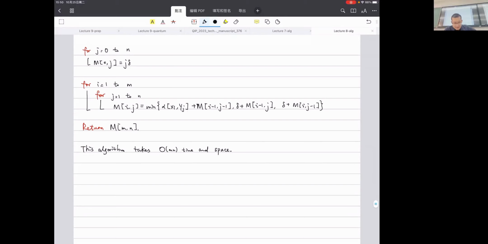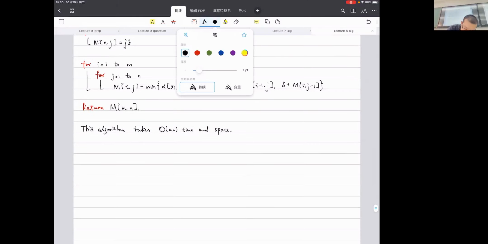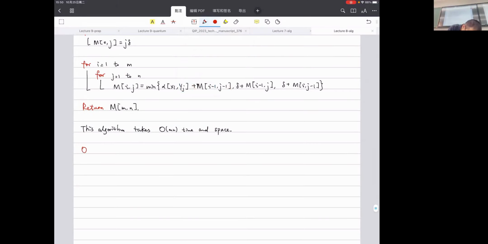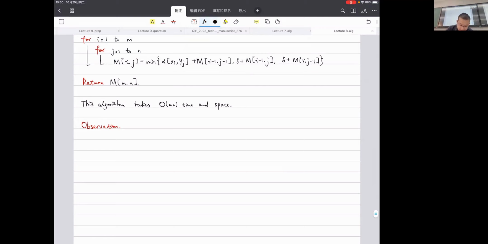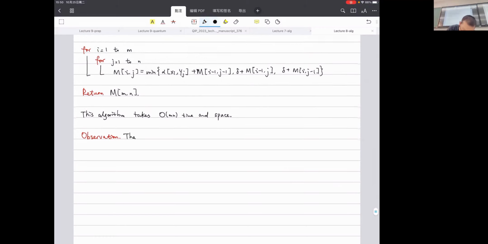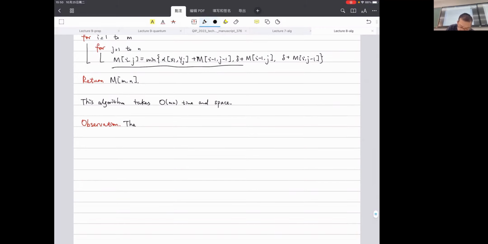Why do we want to, or actually how is a good way that we can save the space complexity? So the observation that we can make here is about the recursion. Looking at this very important line here, this is the line of recursion that we are talking about.